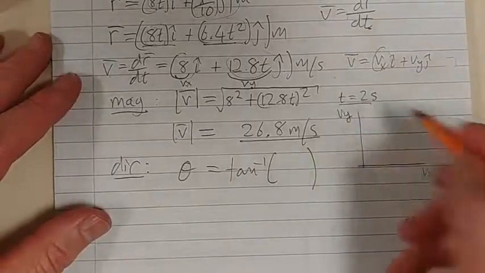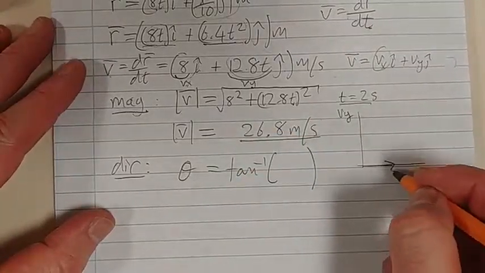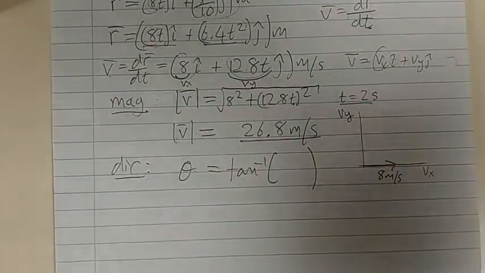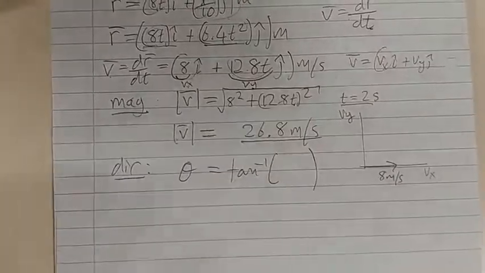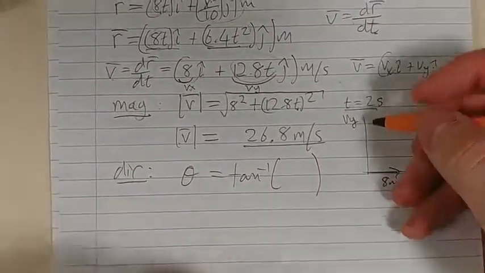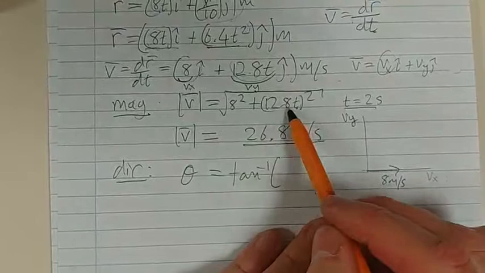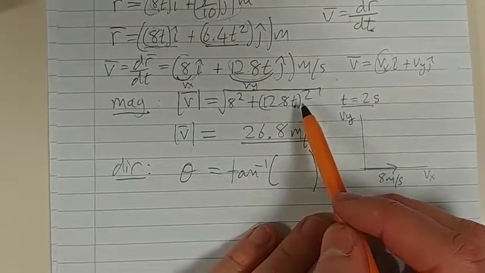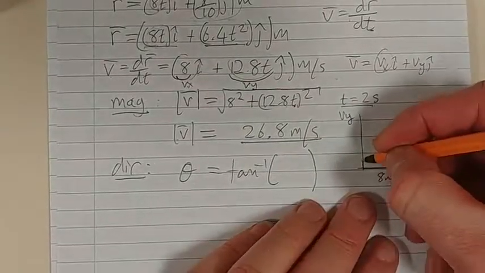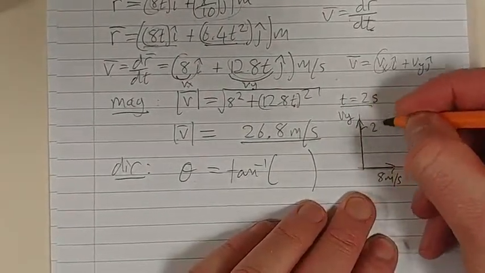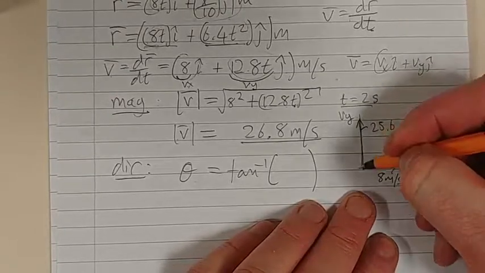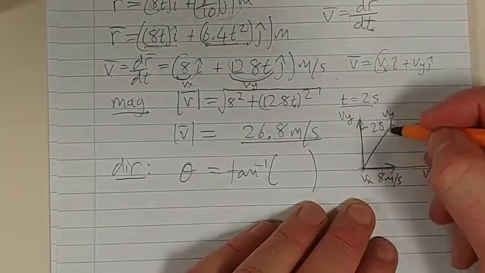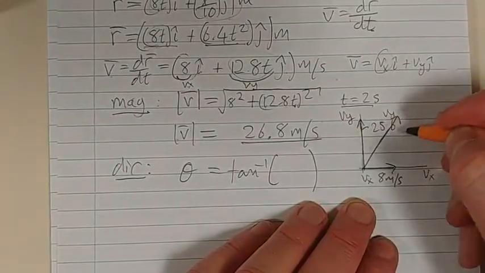It's 8. And my vertical velocity is what? It's 12.8 times 2 seconds. And what is that? That would be 25.6. So there's my V, here's my Vy, there's my Vx.